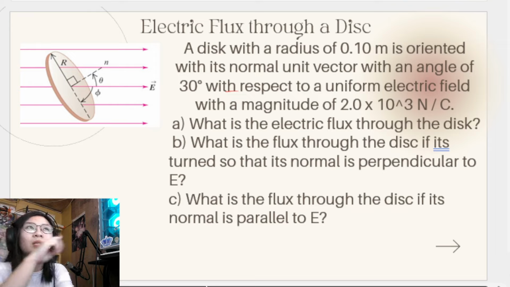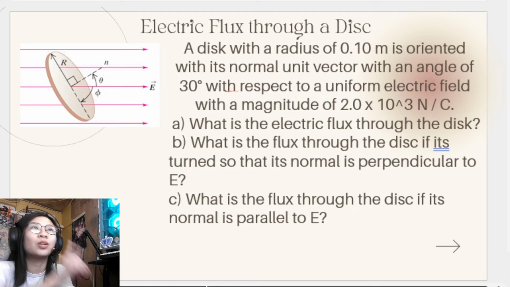So here, with its normal unit vector, that is actually A, the normal vector. The normal vector is at 30 degrees from the electric field. So that means that 30 degrees is your theta.